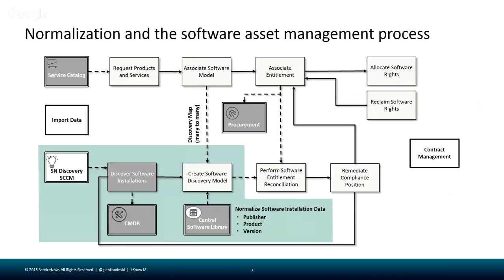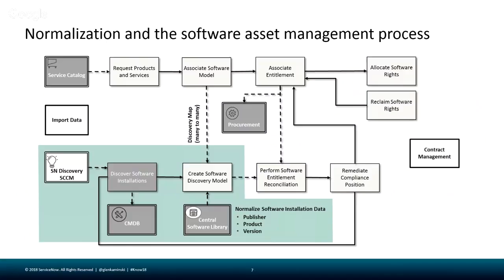And we'll, again, talk about that in a moment. But it then normalizes and creates consistent values for the publisher, the product, and the version. And then it's those values that are used to perform the software entitlement reconciliation to compare this software installation information and those counts to the software entitlements that you're also creating and managing within ServiceNow.